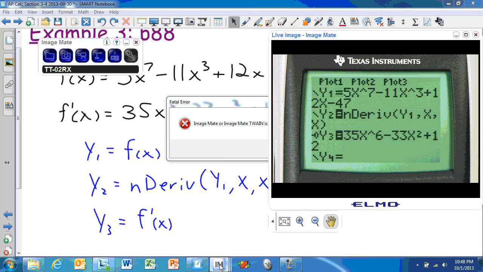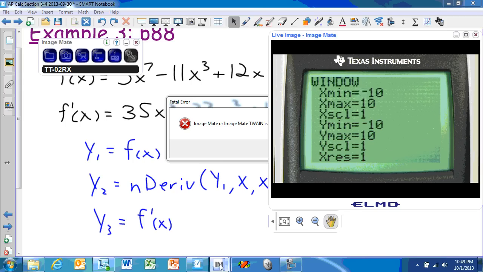I think we'll use a window similar to what the book shows us, just for ease on this one. I'm going to go from -2 to +2 for my x's. And for my y's, I'm going to go from -5 to about 30, which should give us a decent window for this thing. Oops, and a scale of 5.